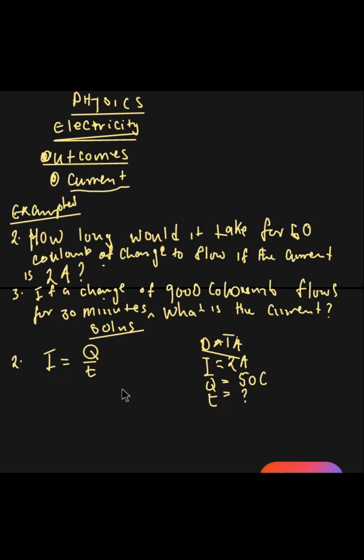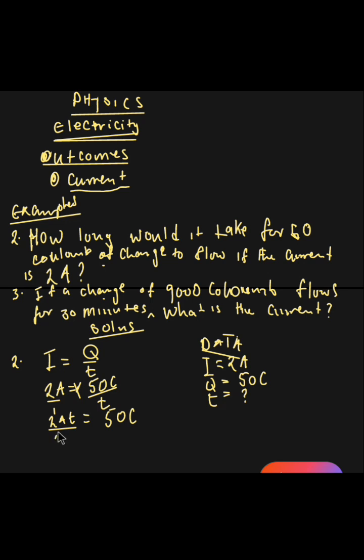So on current, we are replacing with 2 amps. Then what about charge? On the charge, we are told that we have 50 coulomb. Then we have T. Okay, so we are going to cross multiply. So we are going to have 2 amps multiplied by T. Then 1 times 50 is 50 coulomb.